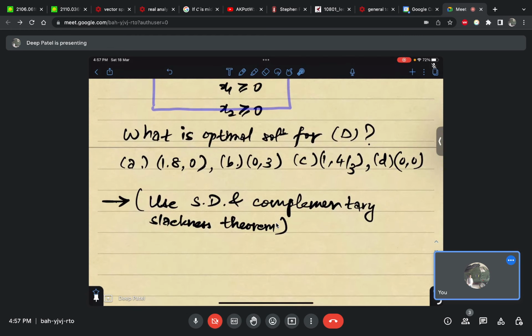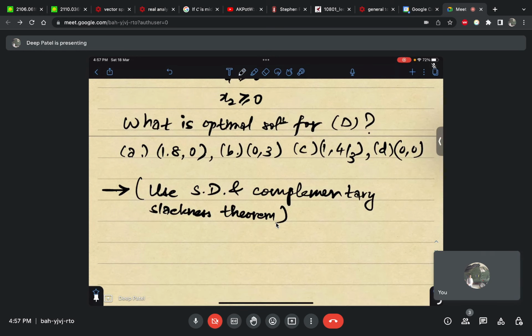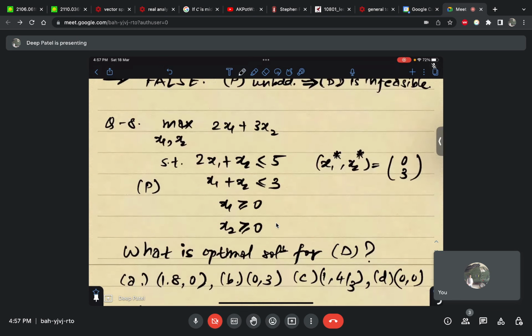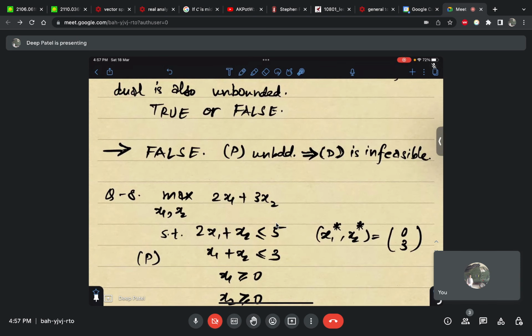Converting maximizing to minimizing is not very easy, right? You put a minus in front and then you minimize the objective. So you put minus 2 and minus 3.